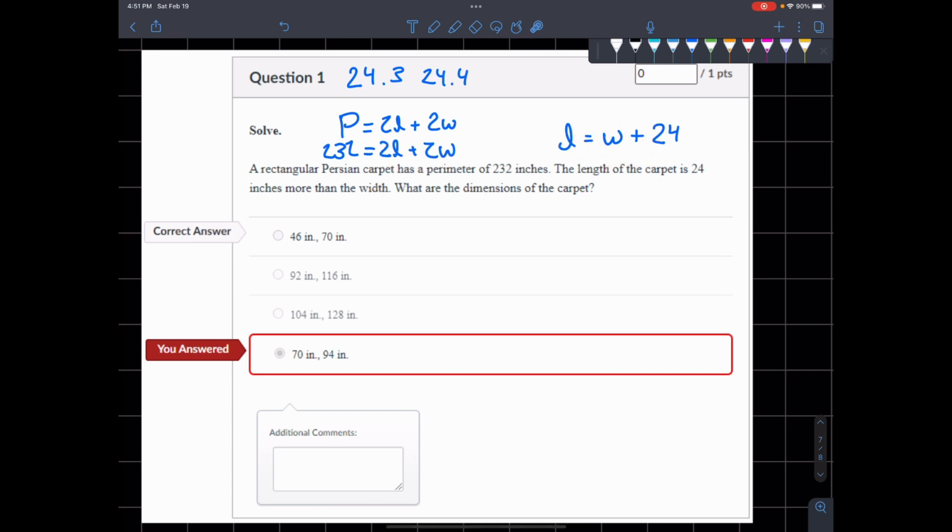And we can use this formula by plugging in this L, because everything here is equal to L, into this L. So we're just going to do that. Plus 2W. And we can just carry the 2 within the brackets there.